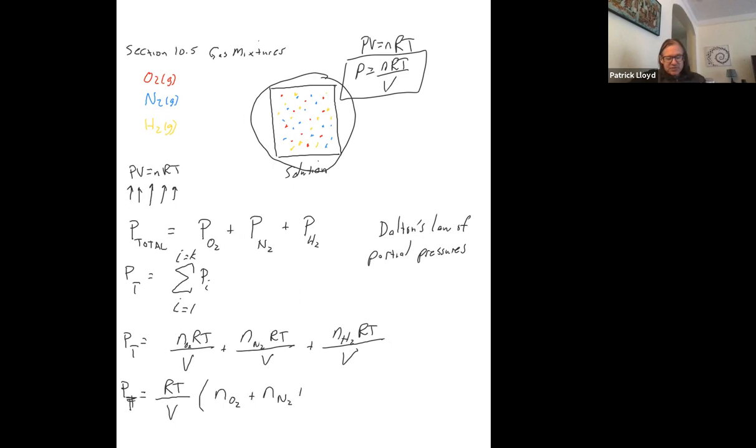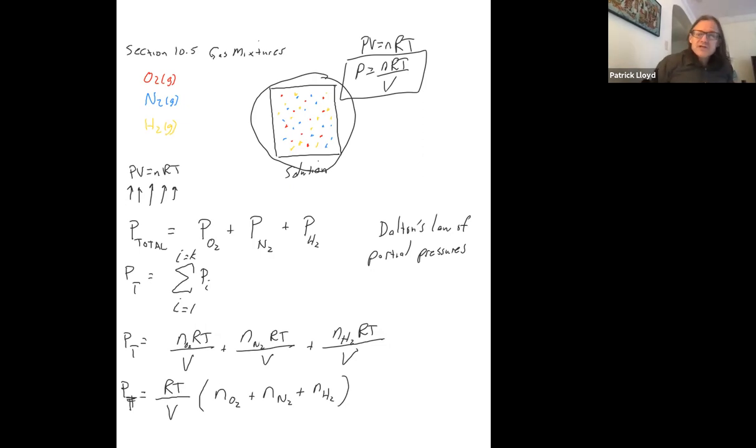We can't factor these ones out because they're different in each term, plus moles of H2. Now that's an interesting looking form. What that says is if you want to know the total pressure, you just have to know the moles of each of them and then multiply that by RT over V. Again, temperature, you need a thermometer. V, you can just measure the size of the container. So all you got to do is know the moles of them, right? So that's kind of cool.